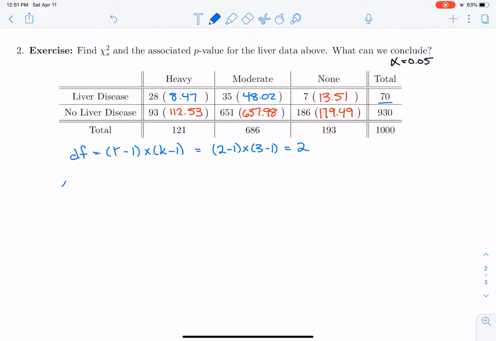Now the chi-squared statistic, in this case, is going to be observed minus expected squared over expected, and then we're going to do that over and over again. Observed minus expected squared over expected.